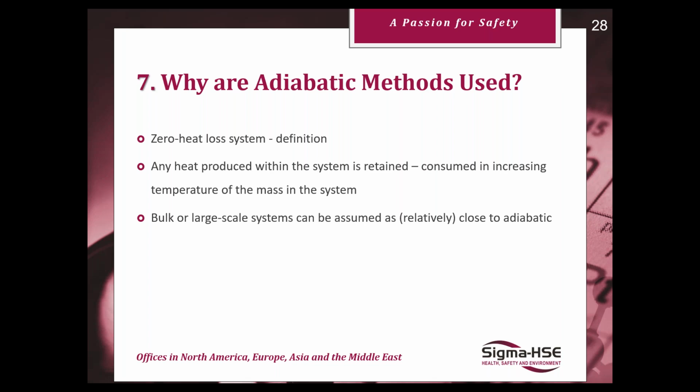Again, the importance of this, differences of scale, bulk or large scale systems can be assumed as relatively close to adiabatic. They are not adiabatic systems because they have an environment around them, but compared to small scale, lab scale, they are vastly closer to an adiabatic system.